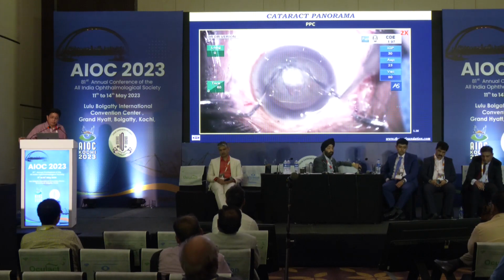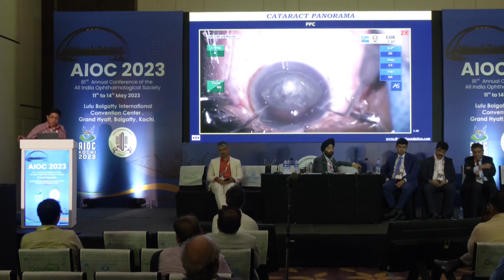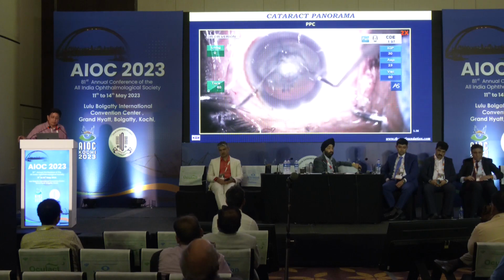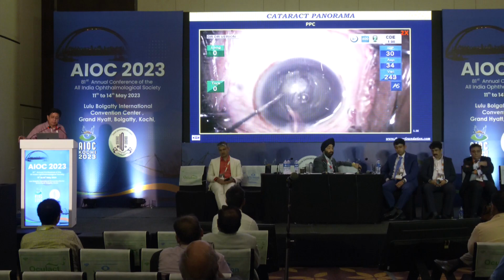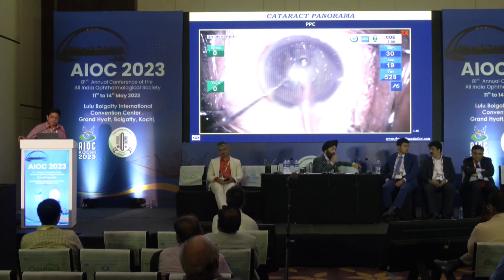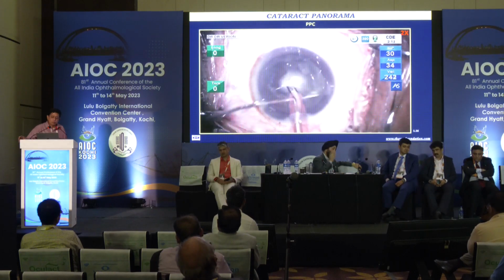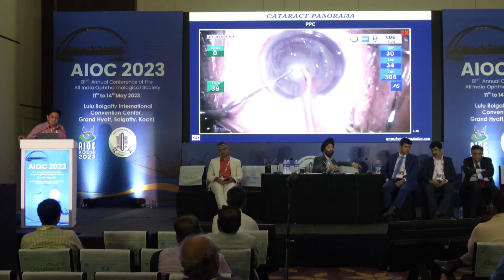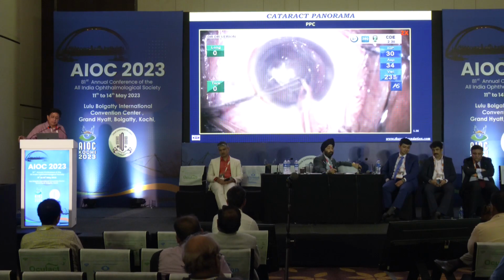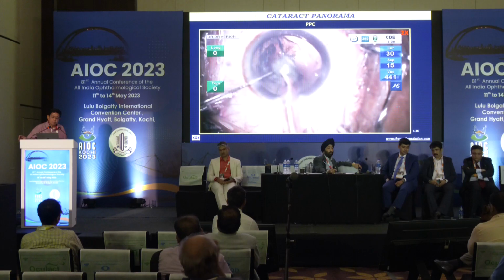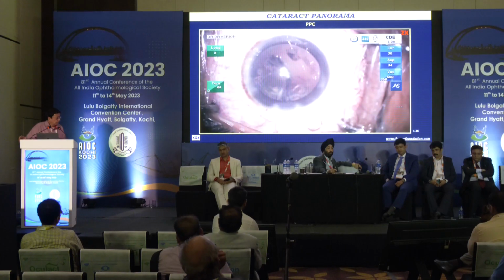And I feel that more than doing a direct chop, in these cases doing a stop and chop helps, because that gives me, without any hydro dissection itself, splits up the nucleus into 2 halves, and then I mobilize the nucleus fragments and take them out completely along with the epinucleus and then implant the lens.